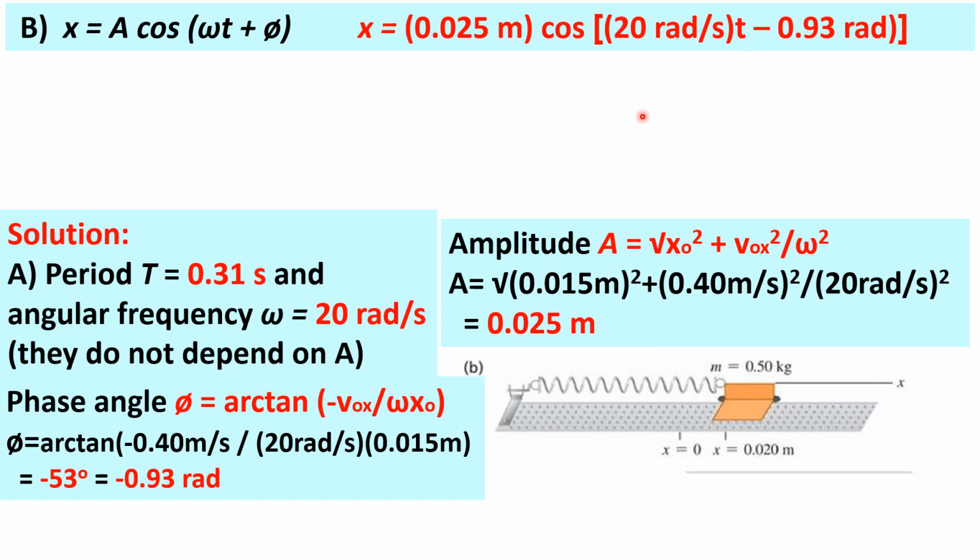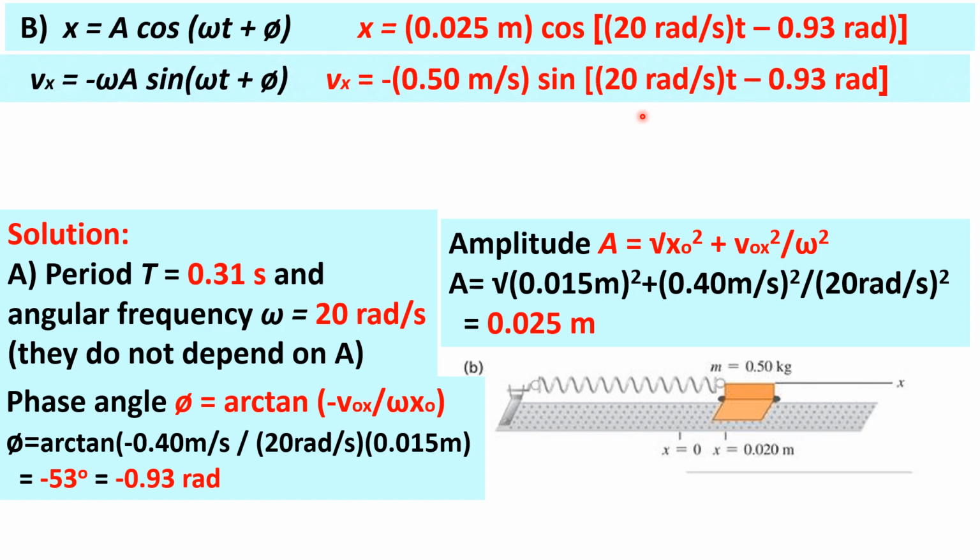Now, for the velocity equation, we use this general formula: Vx is equal to the negative omega times the amplitude A, multiplied by the sine of the quantity omega t plus the phase angle phi. Since we know omega, we know capital A, and we know the phase angle phi, we just substitute.